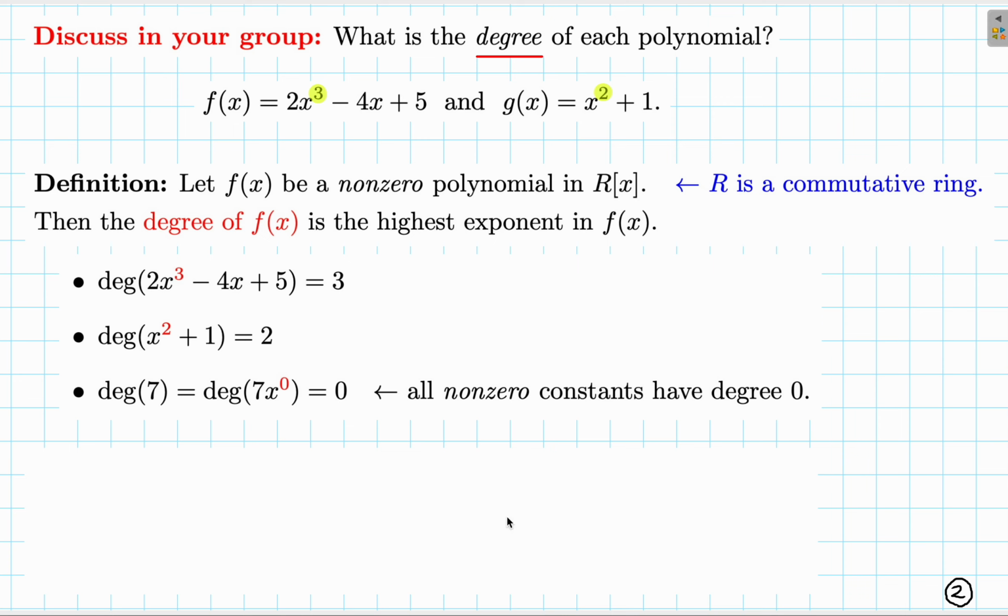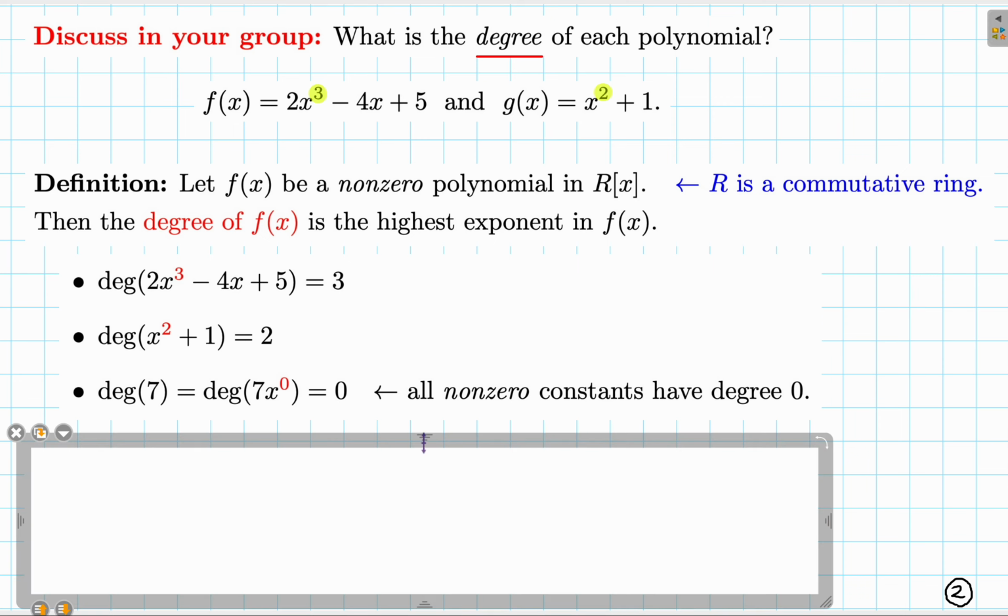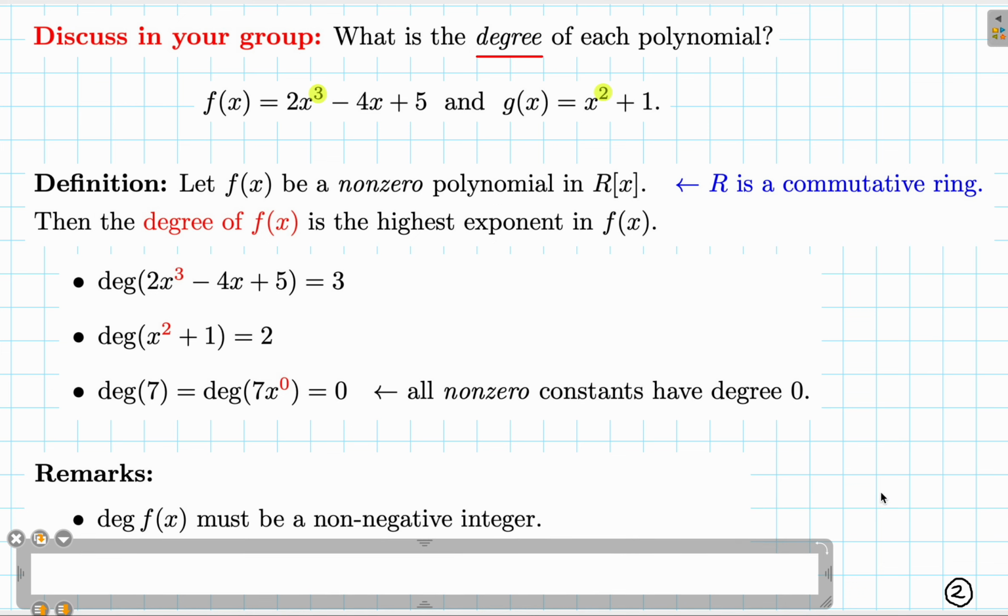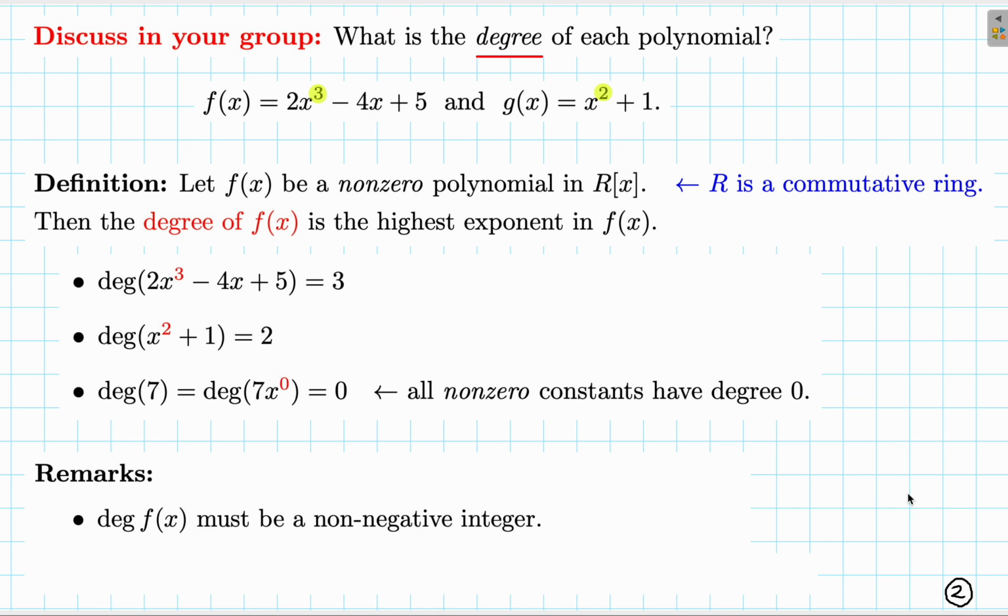There are a couple of remarks about the degree of a polynomial. First is that the degree must be a non-negative integer because in a polynomial, the exponents of x can't be negative. We could have a polynomial with degree 0, however, and that's the case of a non-zero constant polynomial.